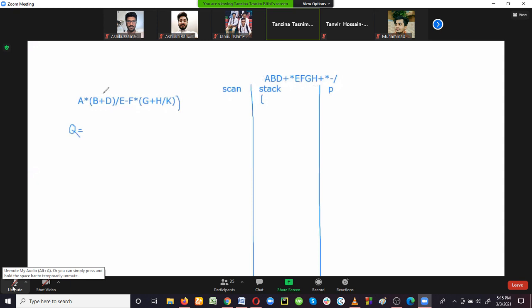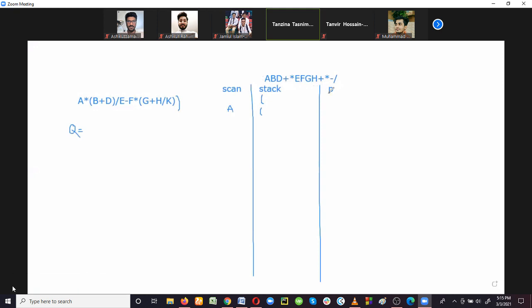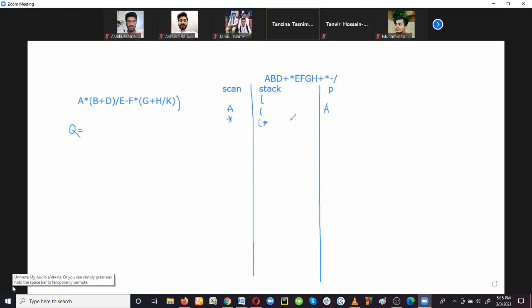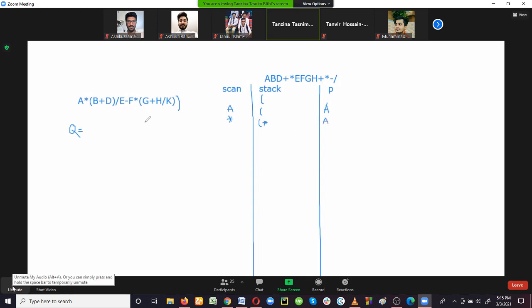The first element is an operand, A. So A will be added where? In this postfix notation. So we can add A here. After that, the next element is an operator, multiplication. So we'll store it in the stack. And this is our postfix notation with only one element A. And then we got a left parenthesis which will be added into this stack.